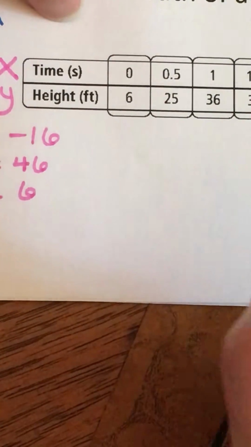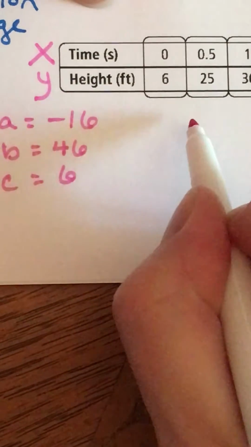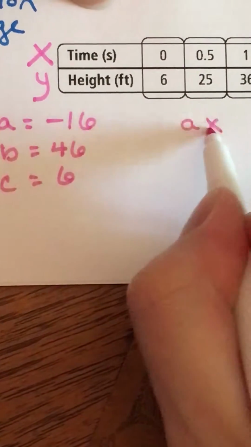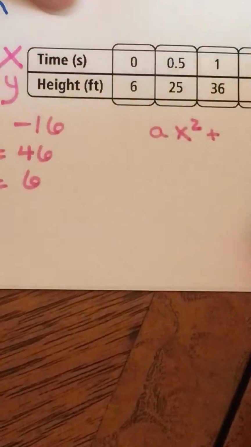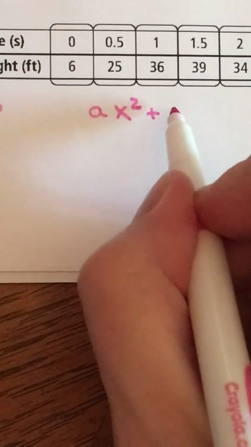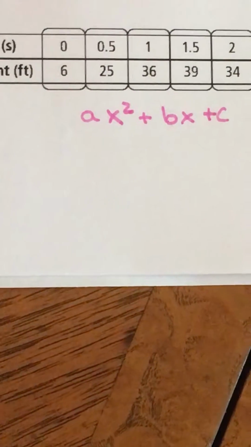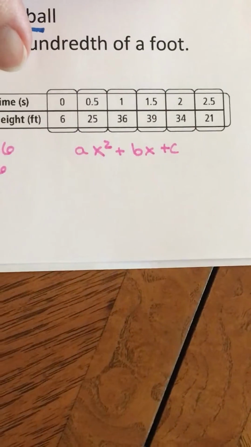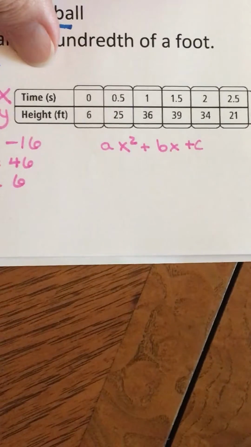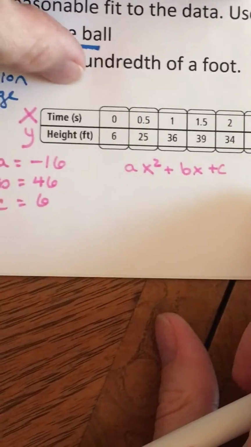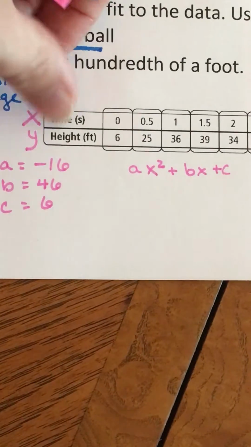So our standard form of an equation is ax squared plus bx plus c, and now I can put those values into my equation very nicely.